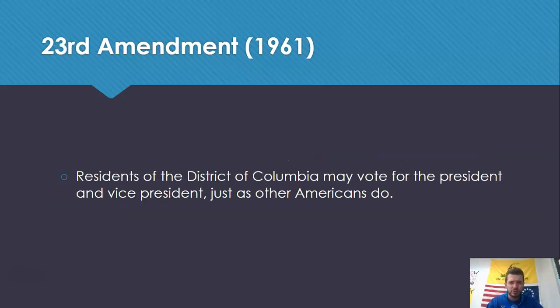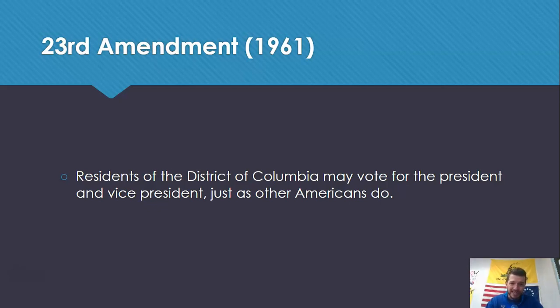Okay, the 23rd Amendment was ratified in 1961, and what you need to understand is that the District of Columbia, Washington D.C., doesn't reside in a state, so it's literally on the border between Virginia and Maryland.